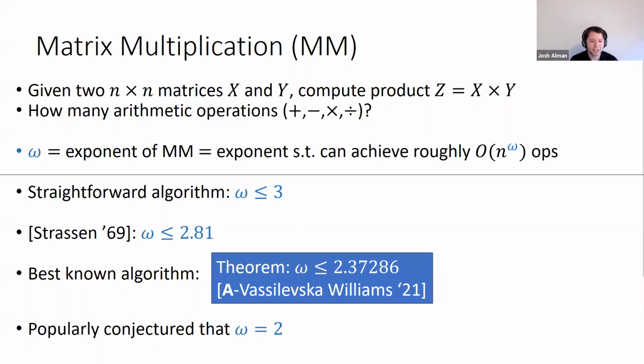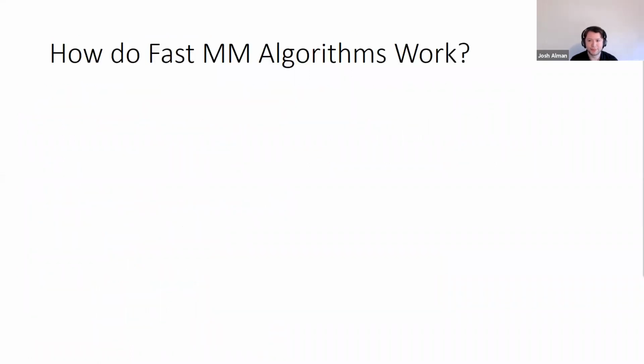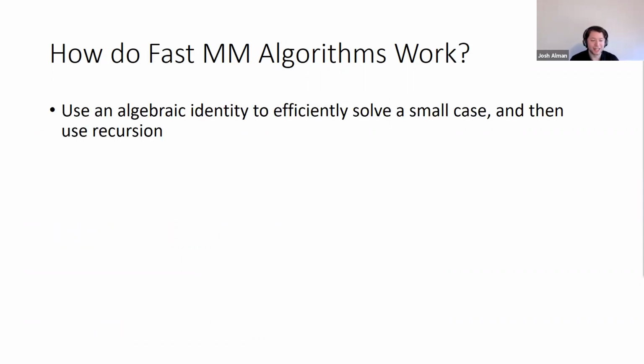Okay, so let me tell you how these fast matrix multiplication algorithms work. In fact, they all work in the same general way. They all use an algebraic identity to efficiently solve a small case of matrix multiplication, and then use a recursive approach to solve bigger and bigger instances.